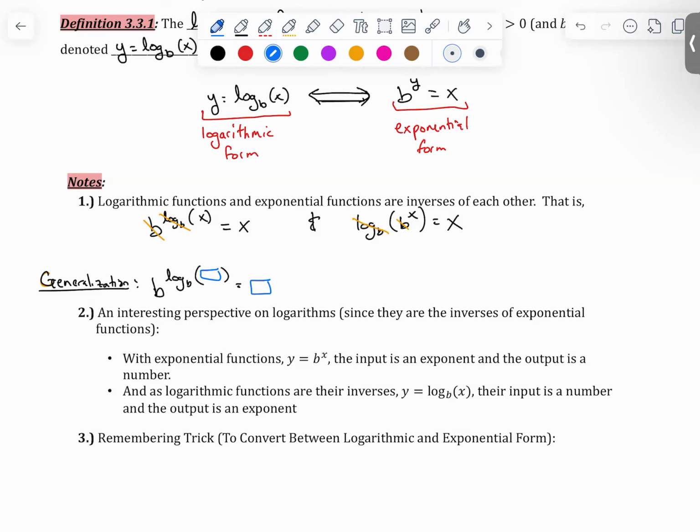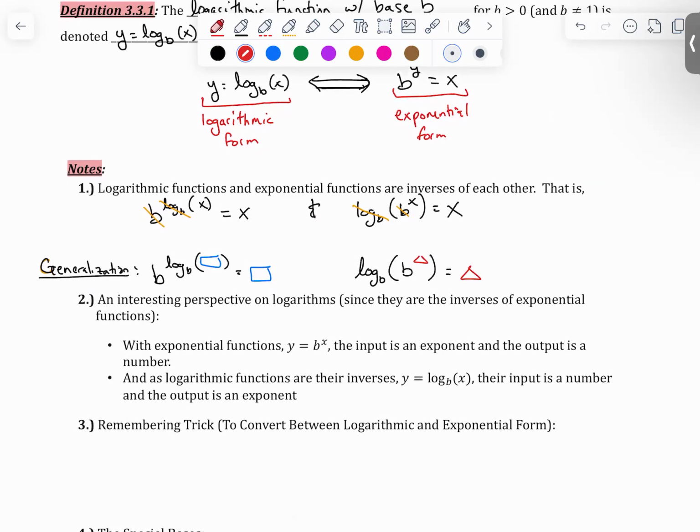So the exponential base and logarithmic base will cancel out, and you'll just get whatever is on the inside. And then by a similar situation, log base b of b raised to a red triangle, the log base b and the exponential base b both cancel out and give you just the inside of the exponential function.